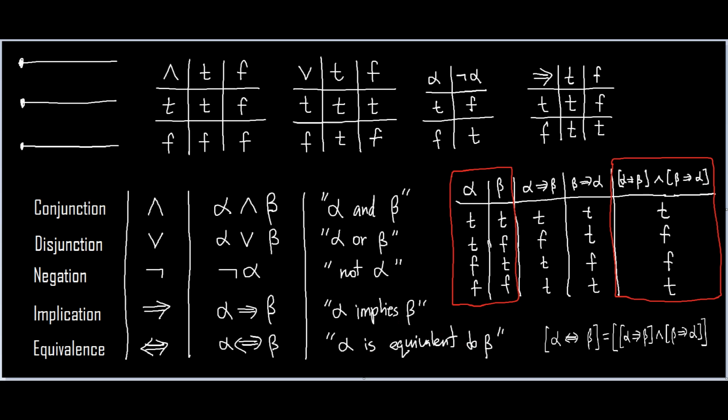And so we come to a conclusion through this computation, which agrees with our intuitive sense of equivalence. So we can be confident that this is the right way of defining equivalence by making use of conjunction and implication.